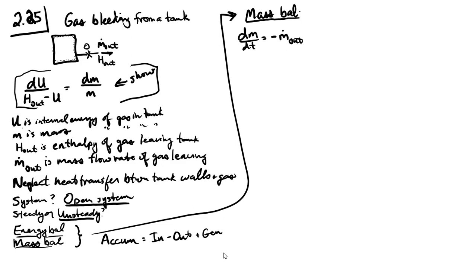That's easy. What about my energy? My energy balance, remember, I have accumulation and it's unsteady state, so I'm going to have that term. My ins and outs. Maybe I should just go ahead and write this.